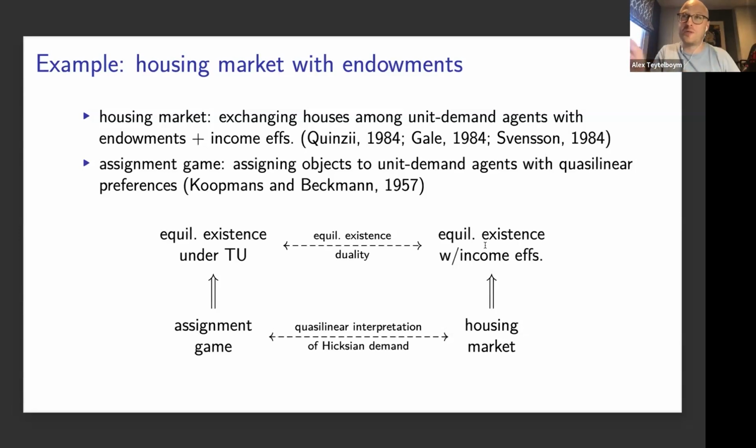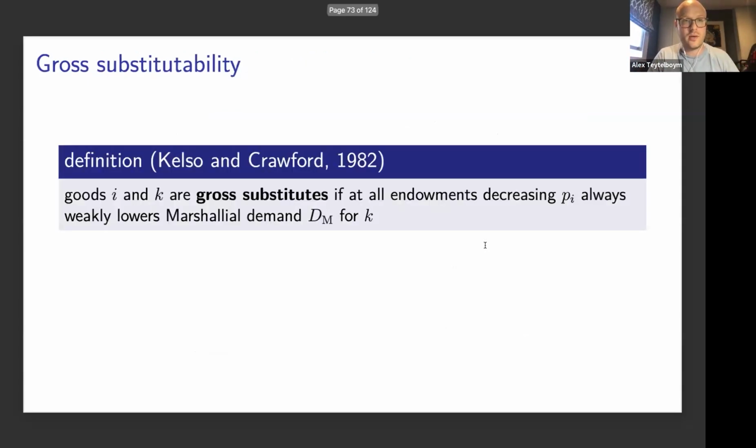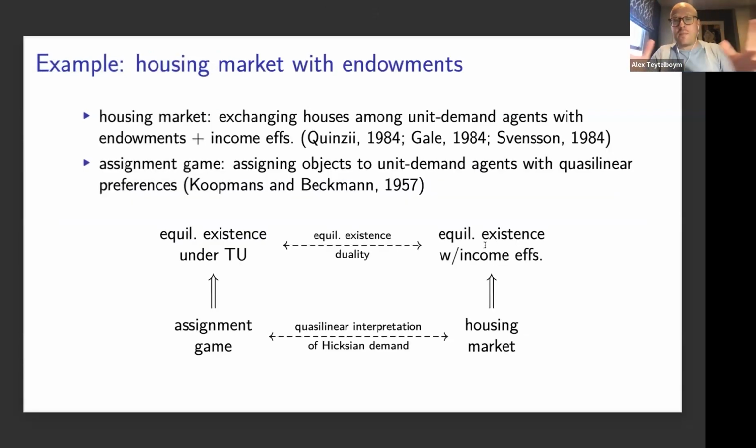So the step you see at the top, even though it's a very nice result, underneath there is also a fixed point problem that one needs to solve for the proof. So I cannot tell you, for example, whether or not the complexity of one problem is related to the complexity of computing prices in another problem. That doesn't follow. All I want to focus on is existence. So these problems are very well understood.